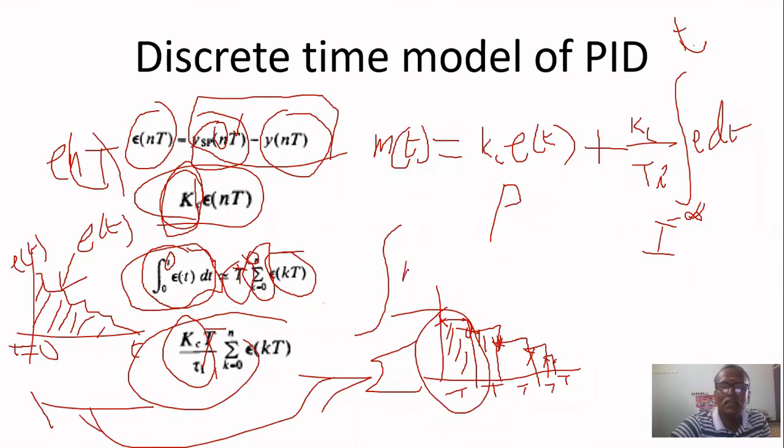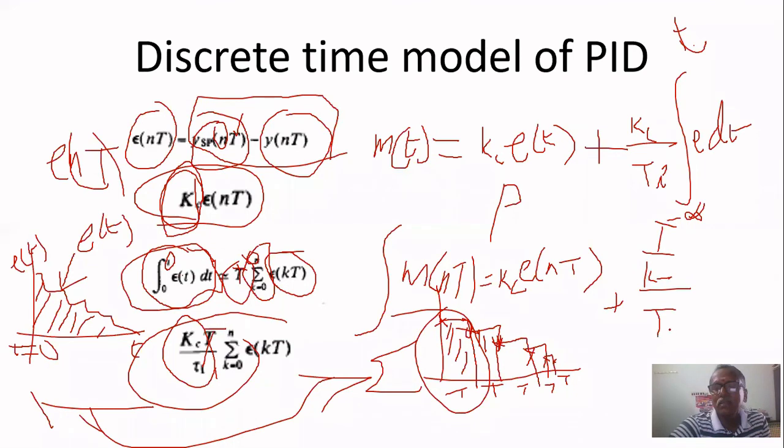In discrete, m(nT) equals Kc multiplied by e(nT) plus Kc by Ti multiplied by sampling period T, sigma k equal to 0 to n of e(kT).